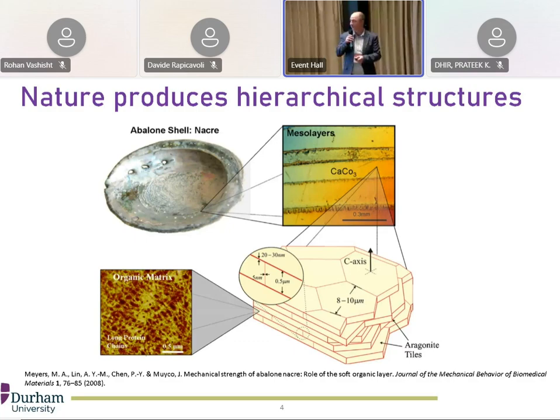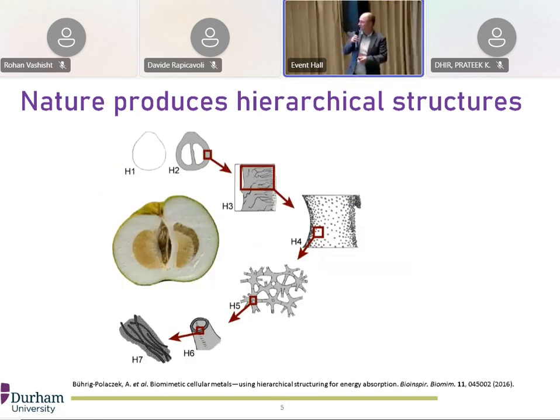Next slide, please. Another interesting example, which again I will talk more about, is the hierarchical structure of a grapefruit peel. We eat fruits, we chuck the peel into the bin, we don't think much of it. But if you analyze it closely, the interesting thing is the levels of hierarchy. In structural engineering, maybe we have 3 or 4 levels of hierarchy: building, wall, and maybe bricks and mortar.